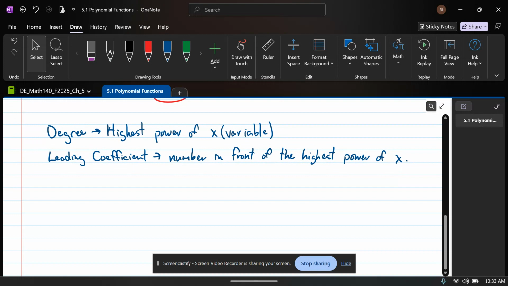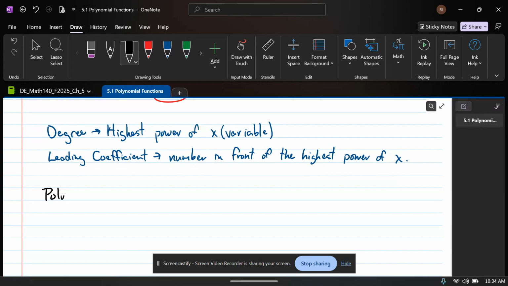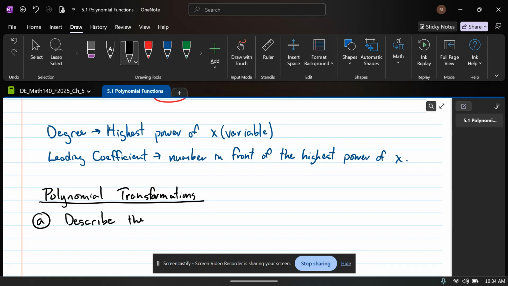All right, so let's talk about transformations. So, polynomial transformations. Example A: describe transformations on f of x equals x to the fourth power.